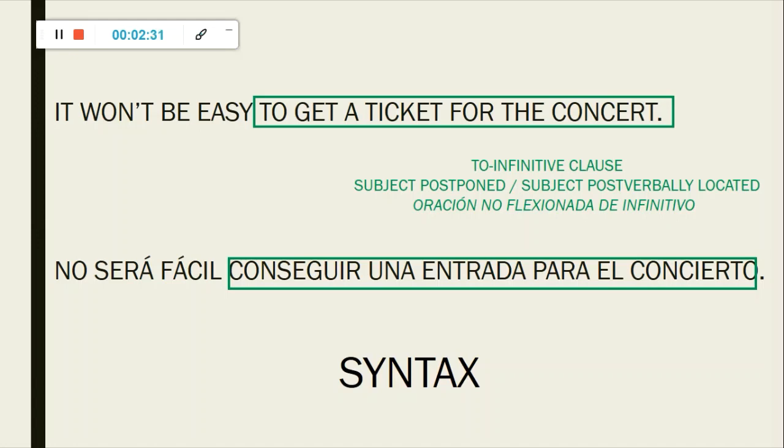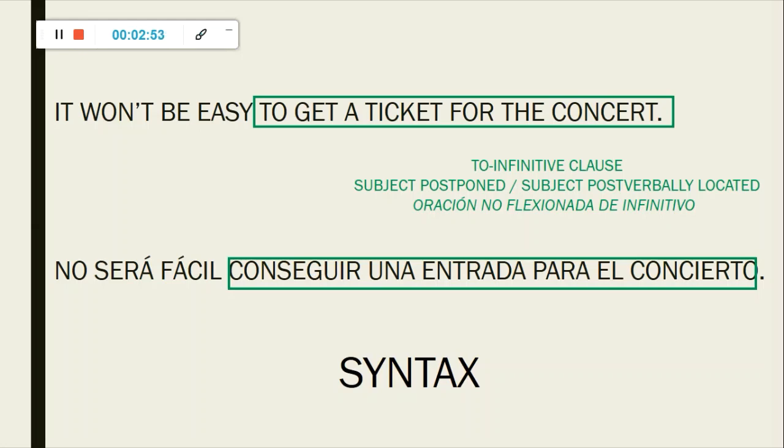In this case, think in which are the parts of speech that can normally function as subjects. Compare this to an infinitive clause or the oración no flexionada de infinitivo with a noun, which is normally what we find in subject position.